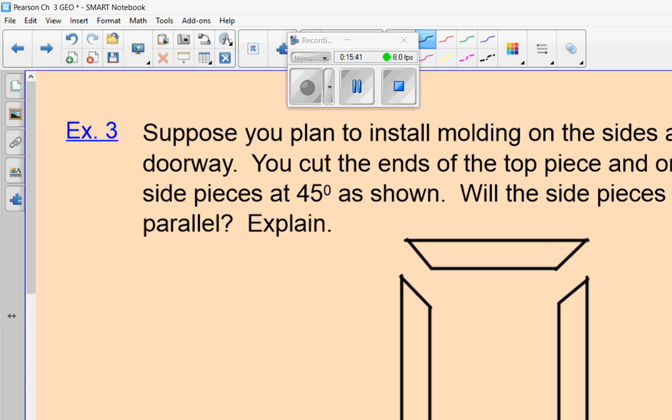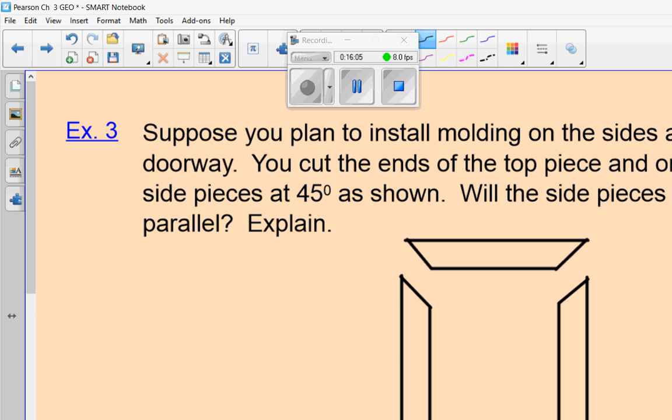All right. Kind of to end, looking at a transversal, looking at parallel lines, looking at perpendicular lines. This is a door frame that you would typically have in any room in the house, whatever. But if you're a carpenter or a contractor, certain things you have to be aware of.